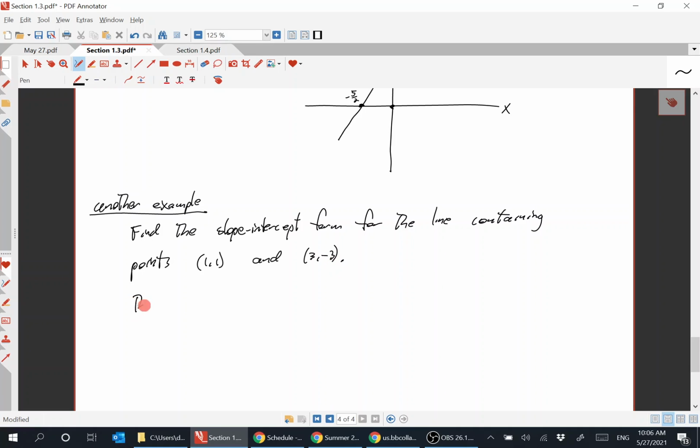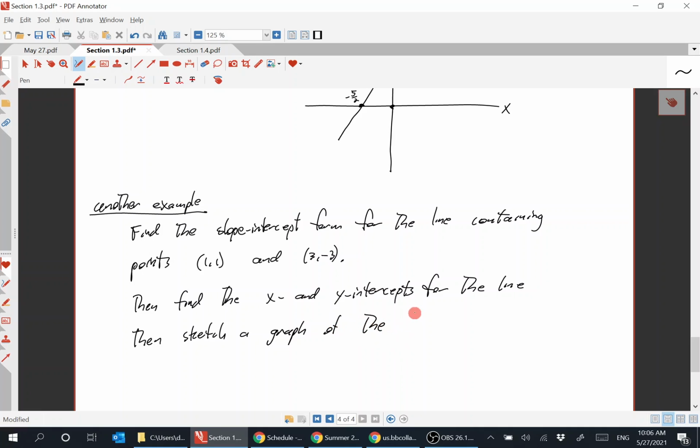Then find the x and y intercepts for the line, and then sketch a graph of the line.